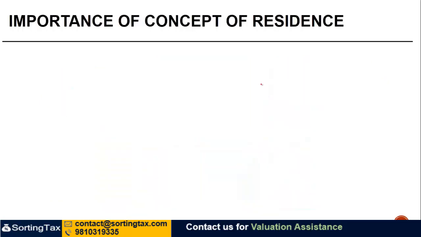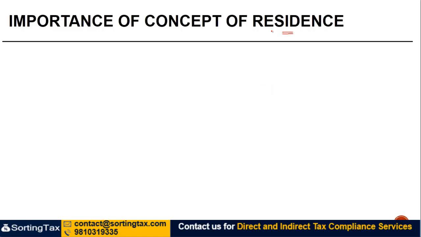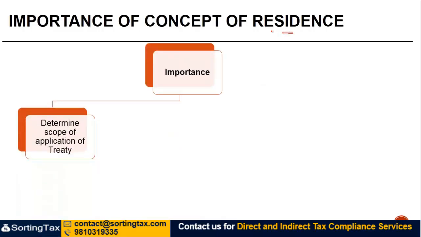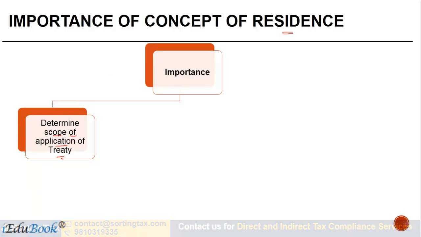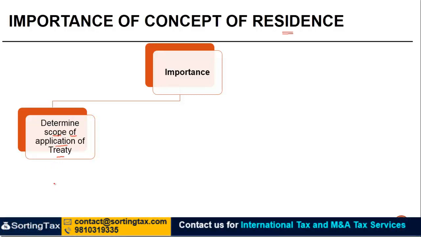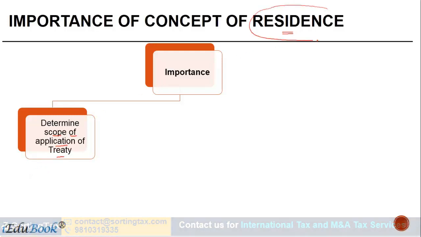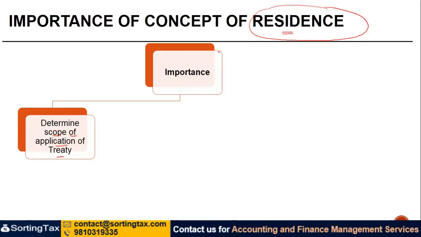But as we discuss all this, why is the concept of residence important? The concept of residence assumes importance because it determines the scope of application of treaty, which means that whether or not a treaty is applicable to a particular person is determined by whether or not he is a resident of one of the two countries who are entering into a treaty.